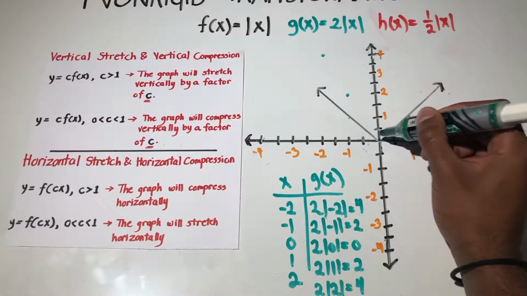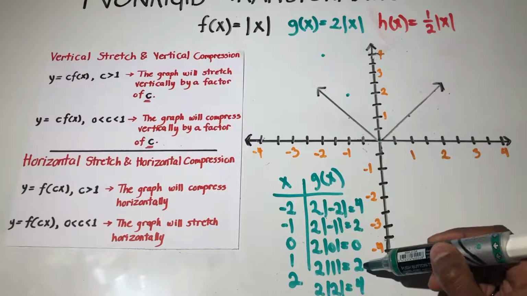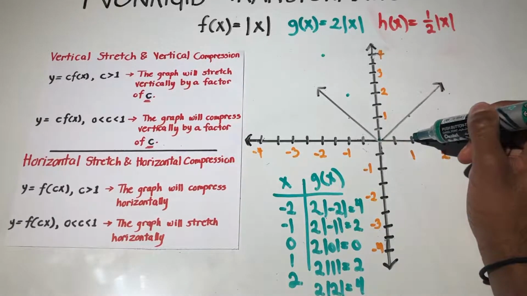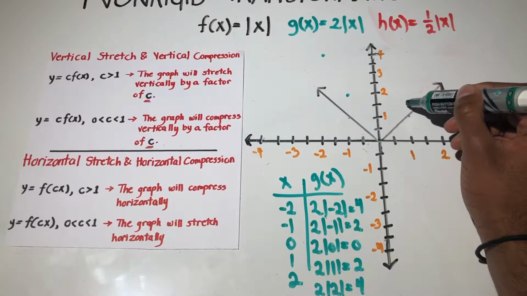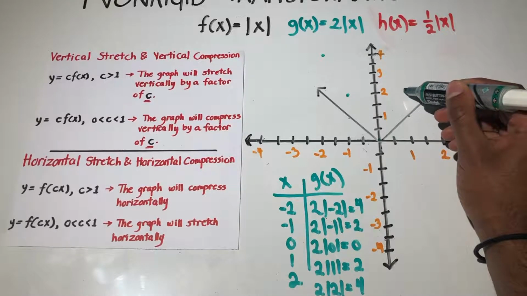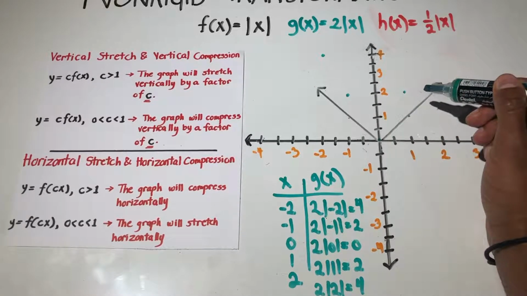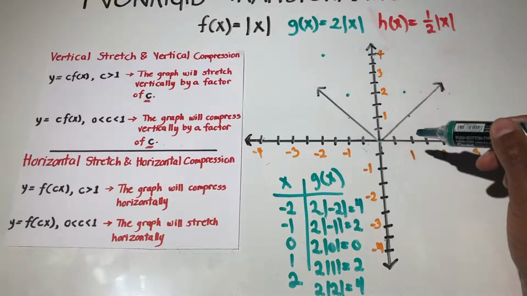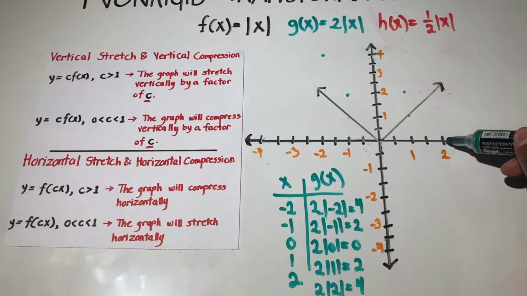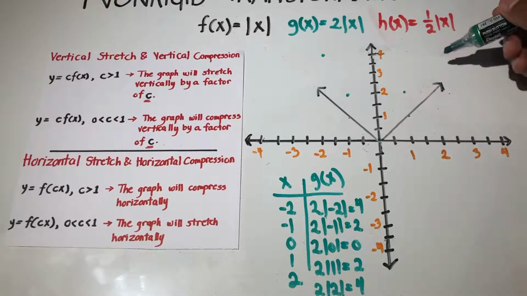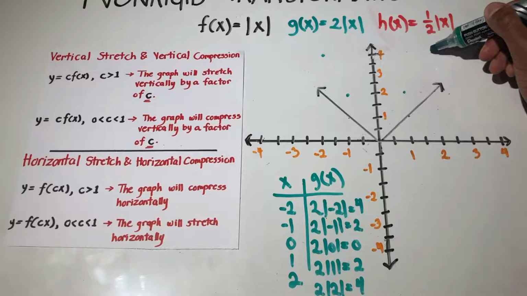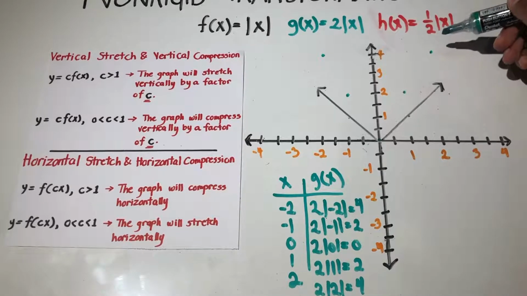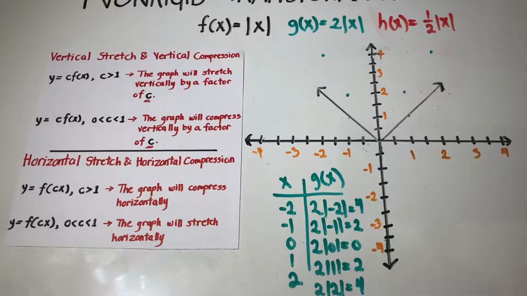I'm just going to put a dot there. We have 1 and 2, right there. And we have 2 and 4. So 2, and then all the way to the top of 4, somewhere here. So there we have our points.